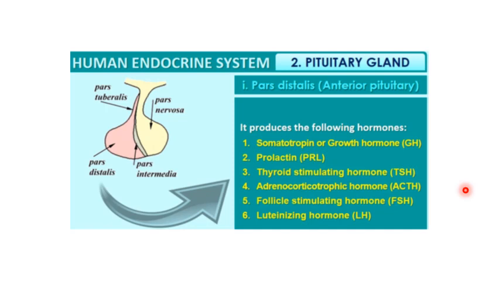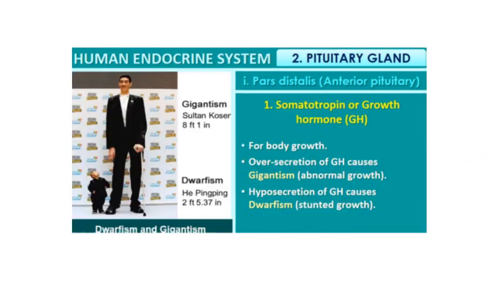If we talk about the anterior pituitary gland, then it produces these hormones: growth hormone, prolactin, thyroid stimulating hormone, adrenocorticotropic hormone, follicle stimulating hormone, and luteinizing hormone.